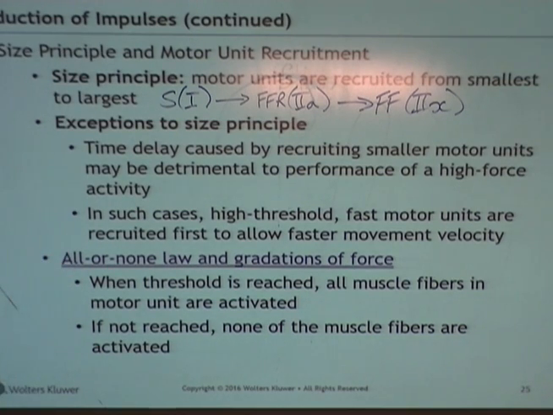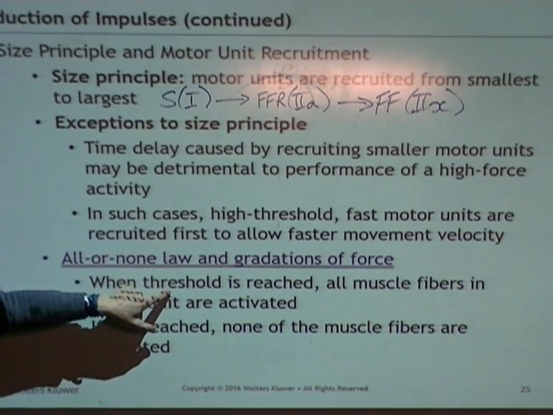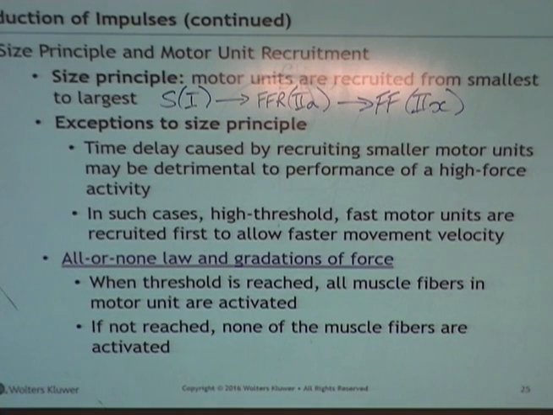When we reach threshold at the axon hillock, so if there is enough signal coming into that cell body for that motor nerve, and the summation of the signal at the axon hillock reaches threshold, that nerve will fire. The action potential will travel down that nerve. There's no halfway house. We either meet threshold and we see an action potential, or we don't meet threshold and nothing happens. Okay?